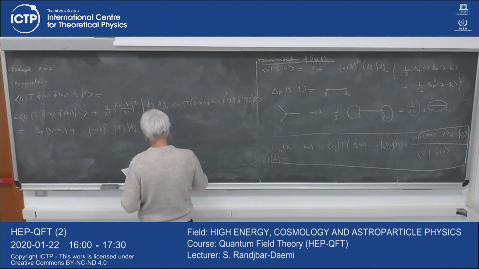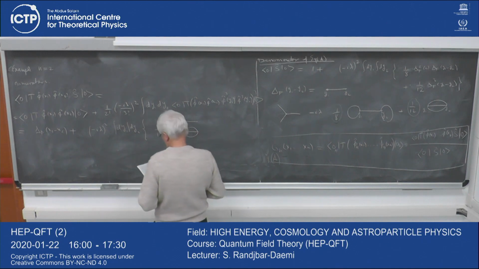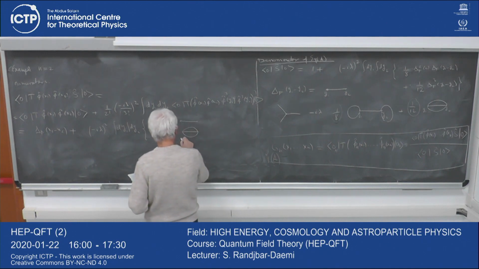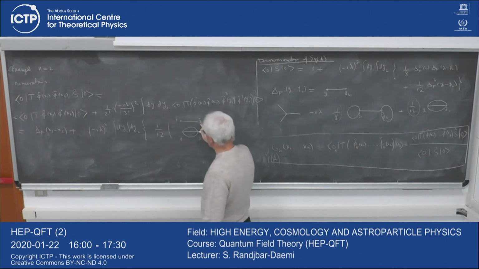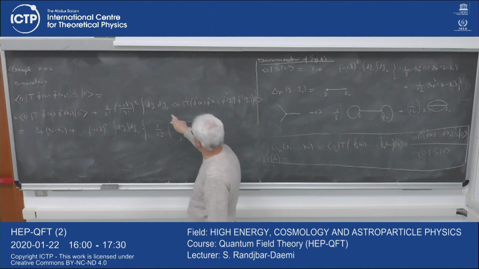This will multiply... I'm putting the notation 1 bar, 2 bar, 1, 2, 1 bar, 2 bar. So the barred indices are x's. The unbarred indices are y's.